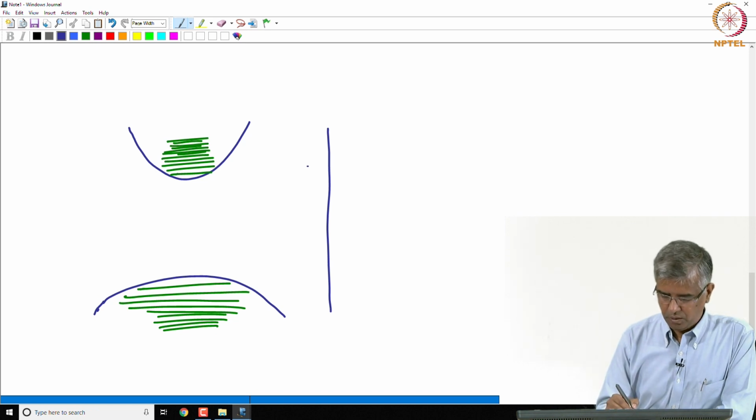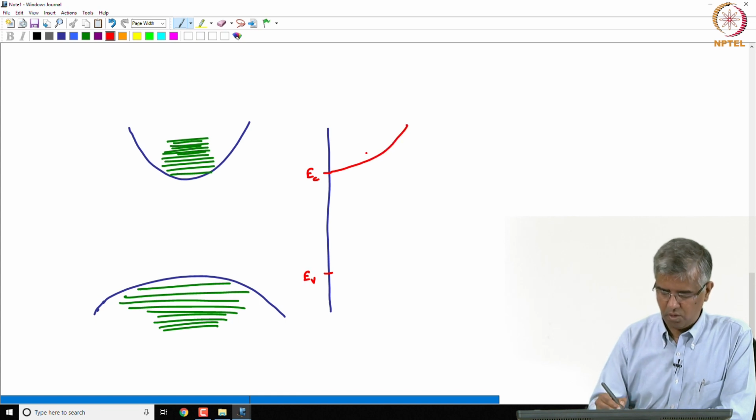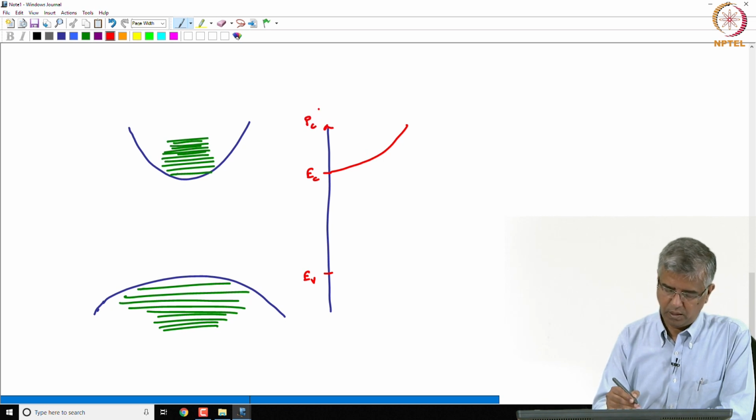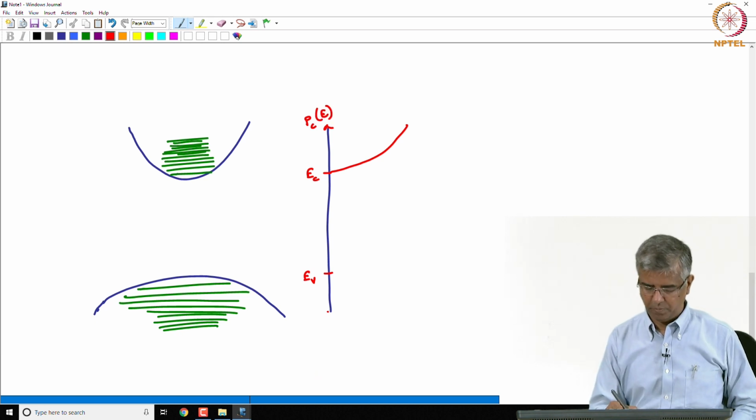So if we were to represent the density, so this is EC and this is EV, what you will find is the density, let us say I'm representing as rho C in the conduction band and rho V in the valence band.